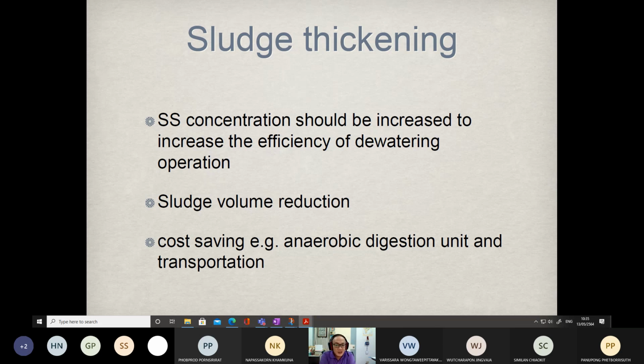For this sludge thickener, the suspended solids concentration should be increased to increase the efficiency of dewatering, and the sludge volume will be reduced, and this thickening can actually help the operator to save the cost of handling the sludge.